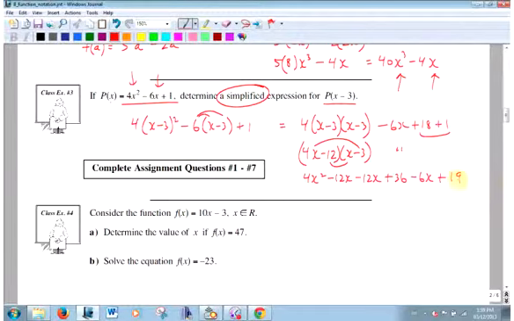How many x squared terms do I have? Just that guy. X's, I got minus 12, minus 12, that's minus 24, minus another 6, that's minus 30. Then lastly, I just have these two numbers. What's 36 and 19? 55. Okay, that's the final answer simplified. That's as hard as they're going to get.